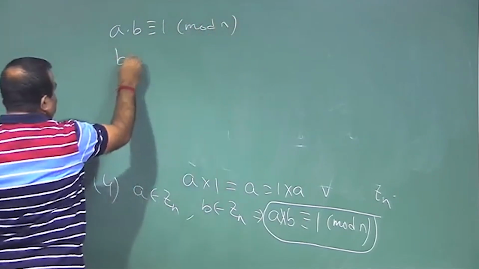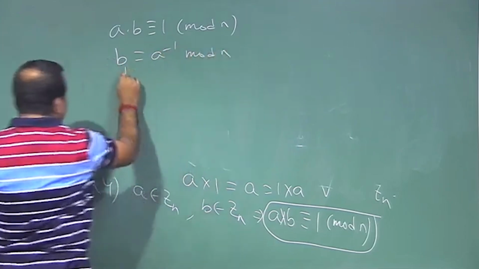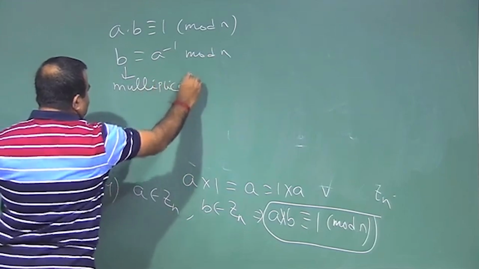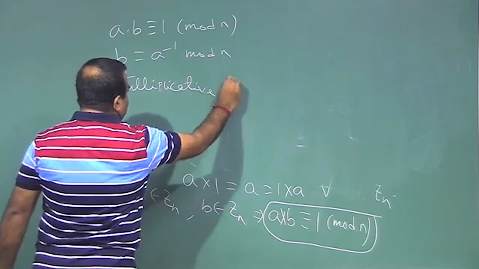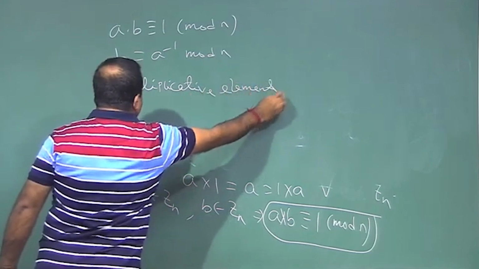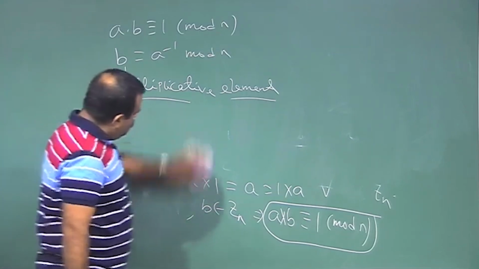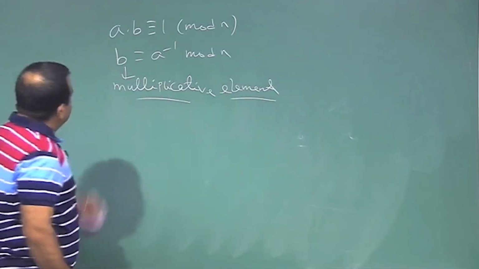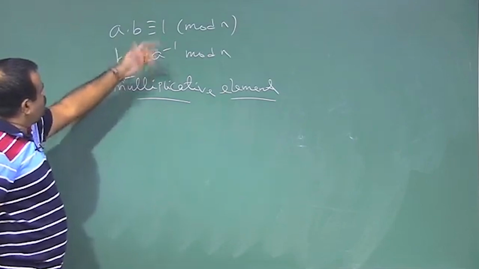Then B is called A inverse mod n. This is the multiplicative inverse. It may exist, may not exist. If it exists for all the elements, then the inverse exists and it could be a group, because all the other properties are there. So, A into B is congruent to 1 mod n.